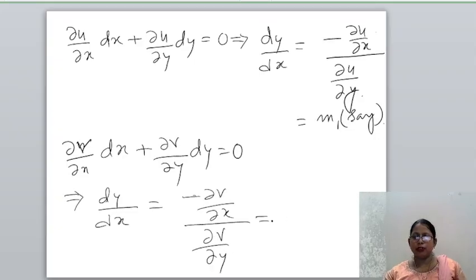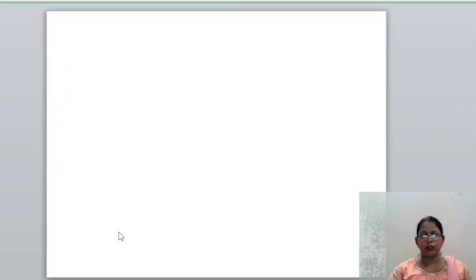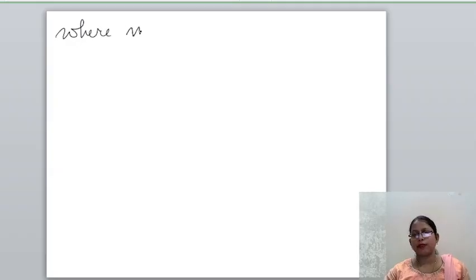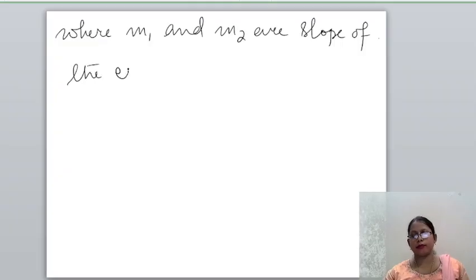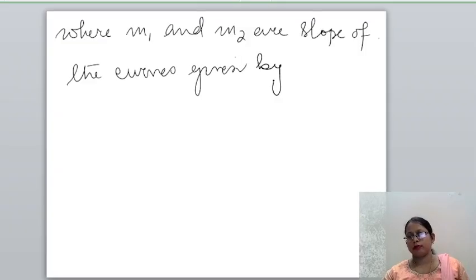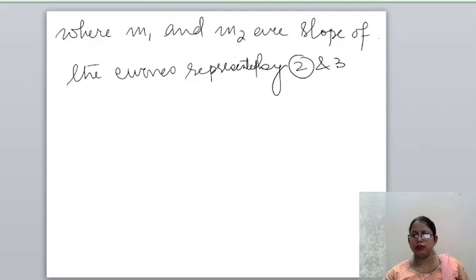Call this m2, where m1 and m2 are slopes of the curves represented by equations 2 and 3.